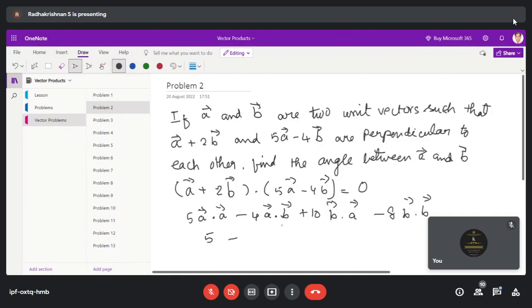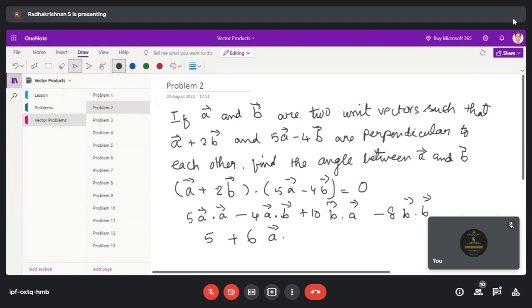a dot b equal to b dot a. So the dot product is commutative. So we can write this as 10 a dot b. So this becomes 6 a dot b, sir. Yes, 6 a dot b.